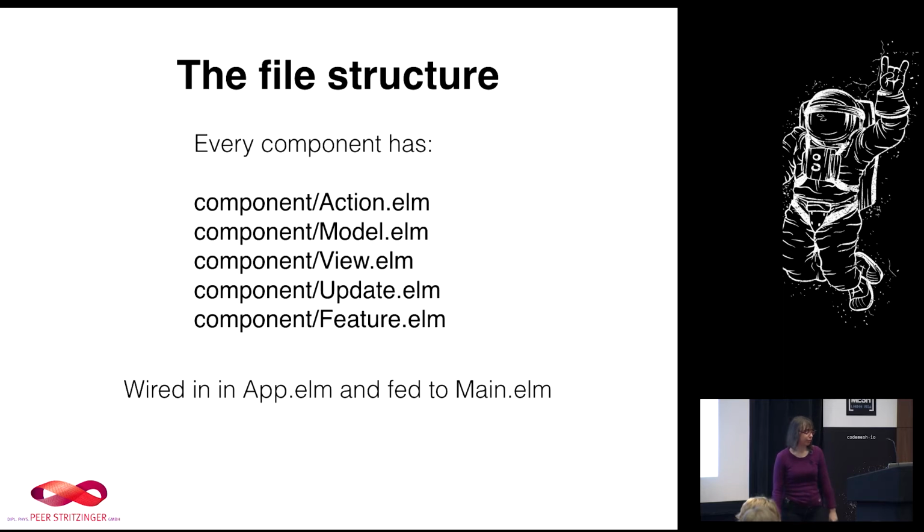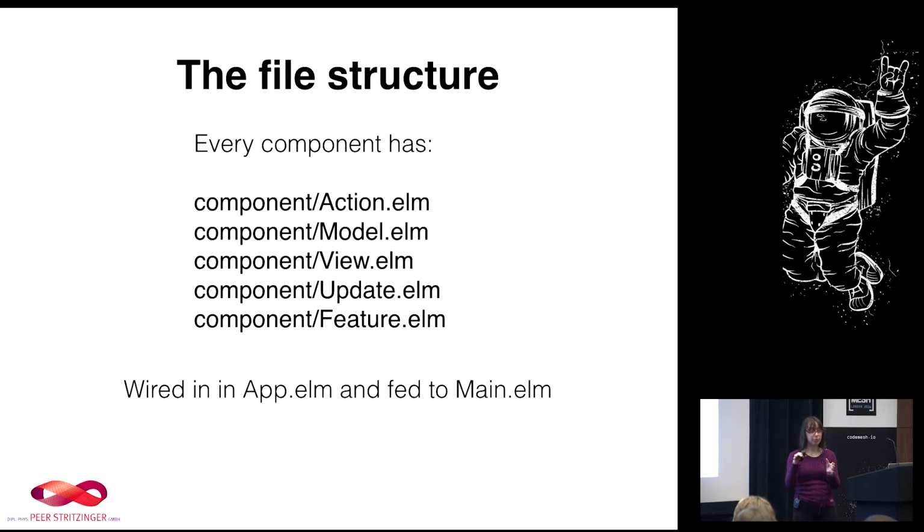So my solution for components is this, and I got it from the structure that I talked about before. Action, model, view and update each live in their own file, which you might not need if you don't have that much code, but once the app gets bigger, it's pretty useful. And there is also a feature file, which may be a bit strange. You might not have seen it, and that's from that structure I talked about before.